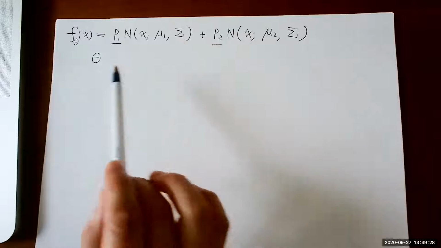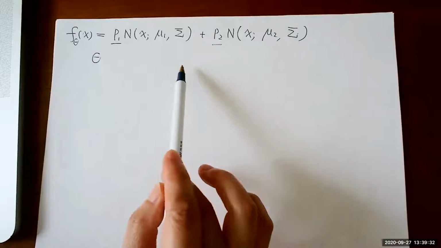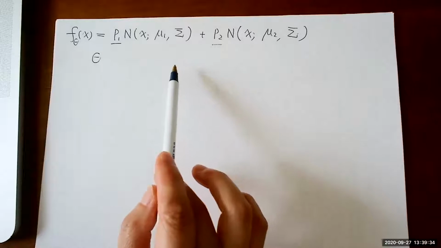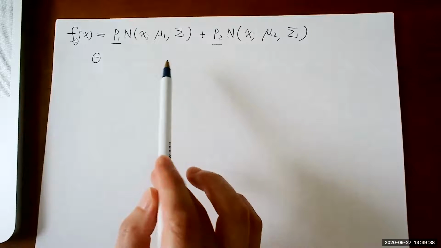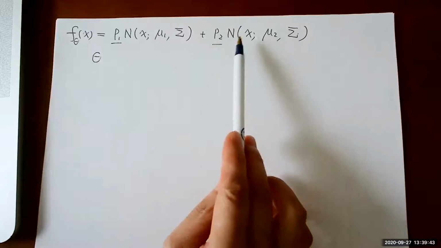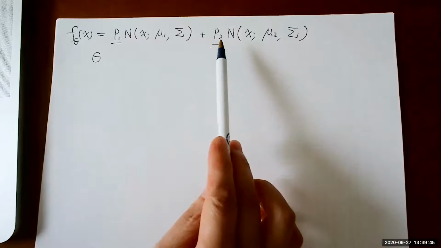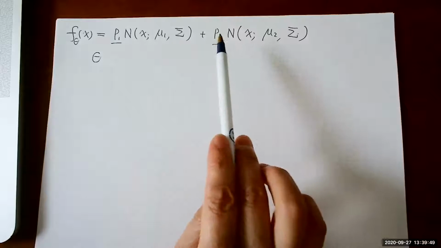If I told you the parameters, how would you generate data from this distribution? Well, you first generate a Bernoulli: you toss a coin, and with probability P1 you say a head. With probability P2, actually P2 is always equal to 1 minus P1 because there are only two components, you say a tail.